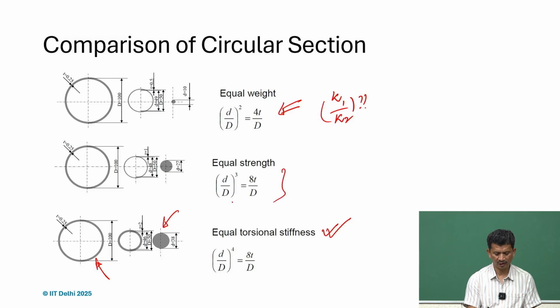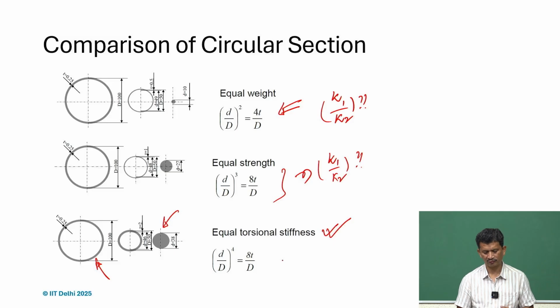Similarly, if you are going for equal strength, what will be the stiffness ratio? And similarly, we can check for torsional stiffness, we can do it the other way around as well. So, for the same torsional stiffness, if you are going for solid and thin tube, what will be the difference in weights? So, vice versa.